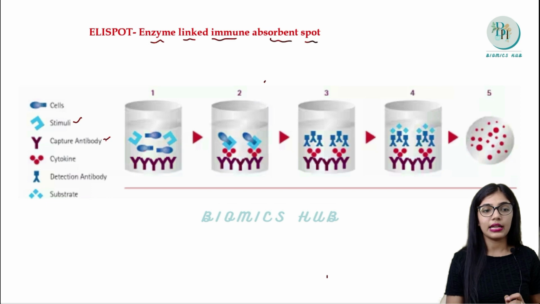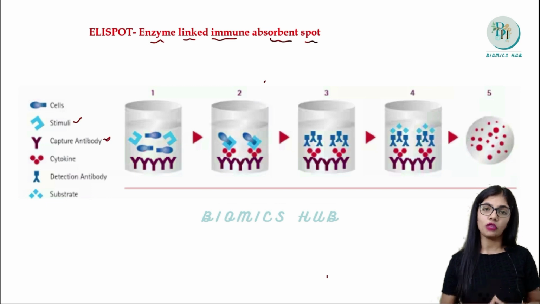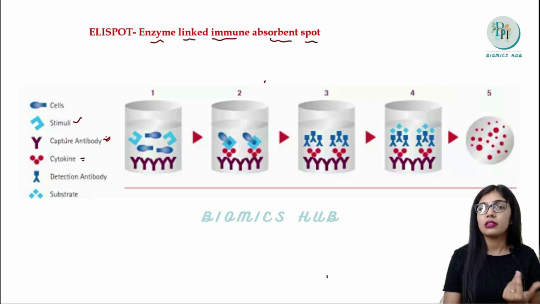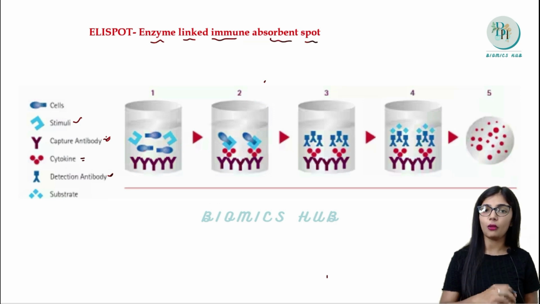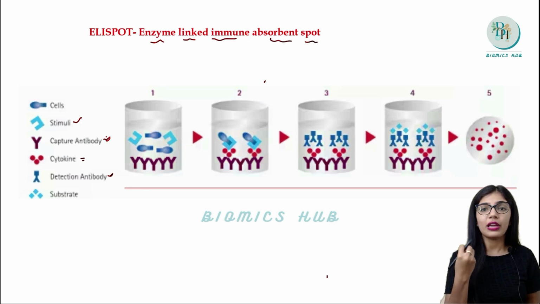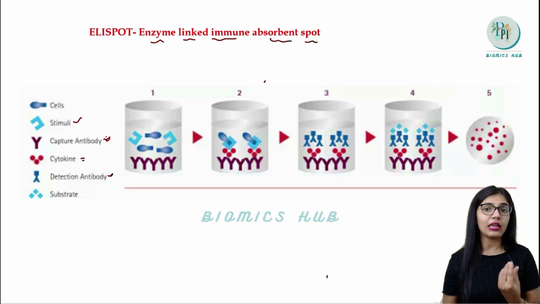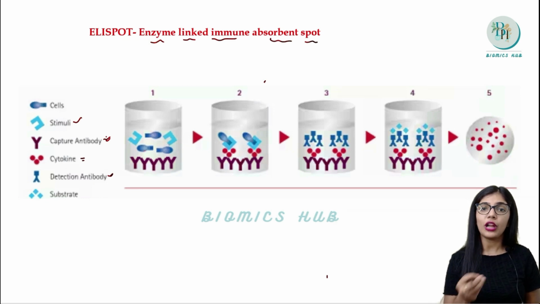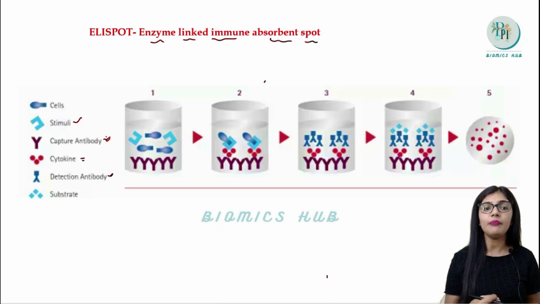Next is a capture antibody. This capture antibody which we will use is specific to the cytokine. Next is the cytokine which will be released by this cell. Next is a detection antibody. We are performing this in a tube, so we cannot visualize everything. They are in the solution form. So for identifying, we need a detection antibody.